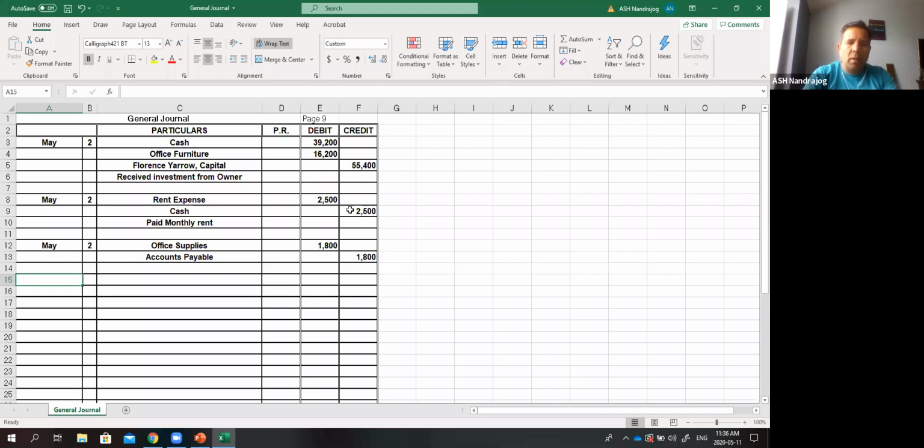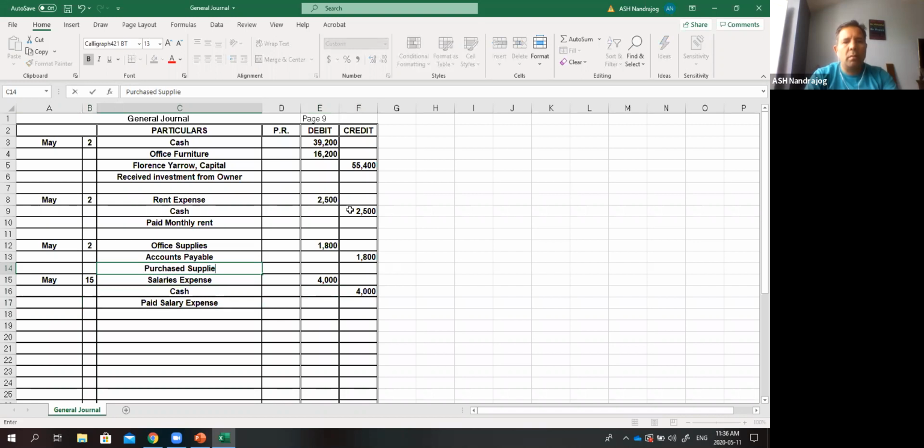So, May 15th, we have salaries expense, and we would say the salary expense is $4,000, and we paid it with cash, so cash goes down by $4,000, meaning cash is credited by $4,000, and we can write a description: paid salary expense. And here we could have written the description: purchased supplies on account.